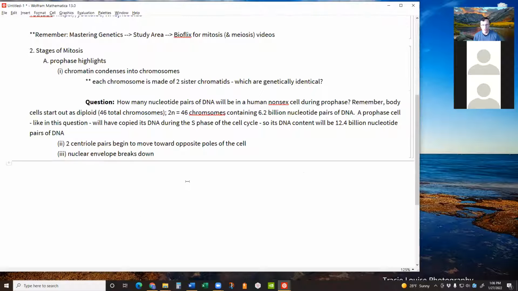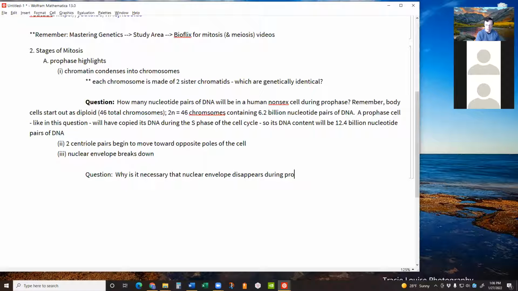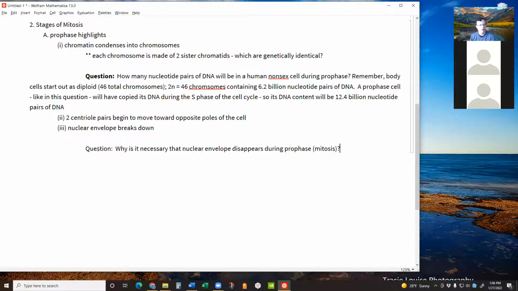So here's a question for you. You probably learned in Bio 101 that the nuclear envelope breaks down, but let's think about this with a question. Why is it necessary that the nuclear envelope disappears during prophase, and I could even more generically say mitosis at this point? Why is that necessary, folks? If you think you know the answer, please type that into the chat window.